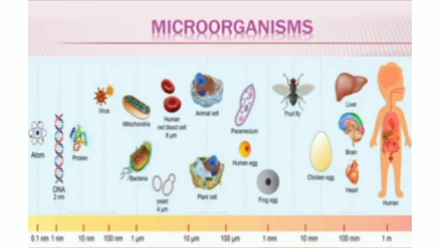We humans do not see microorganisms easily with naked eyes, as the human eye is capable of visualizing and observing things very clearly which range from millimeter onwards, and the size of microorganisms ranges in micrometer and nanometer.